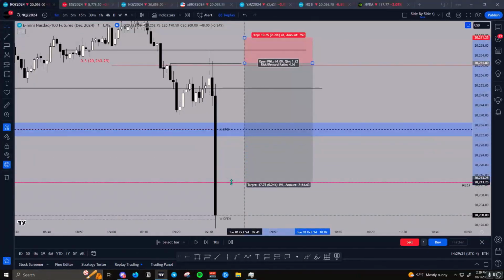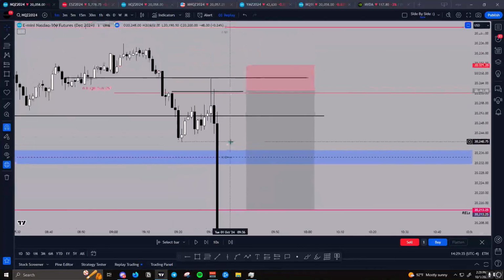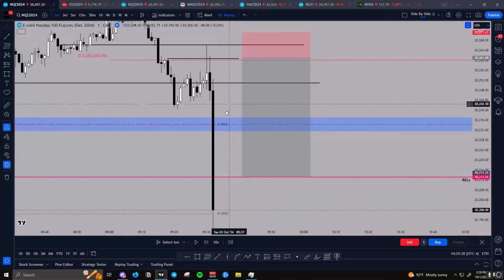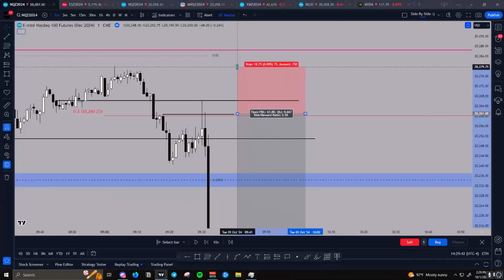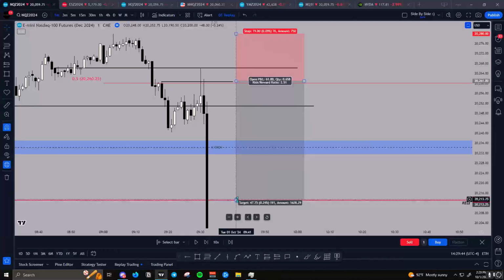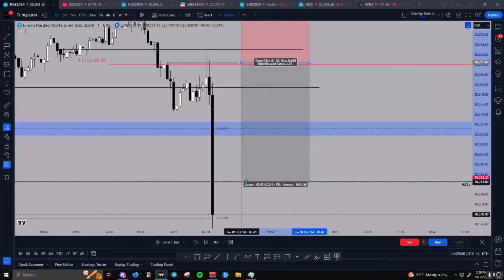And then I took the last 5 off at the relative equal lows or the London low, and you can see that was all hit in one candle, which was absolutely beautiful. The risk to reward on the first partial was a little over a 1-to-1. Yeah, 1.4, and then the second TP was a 2.5. So pretty much a 2R trade.